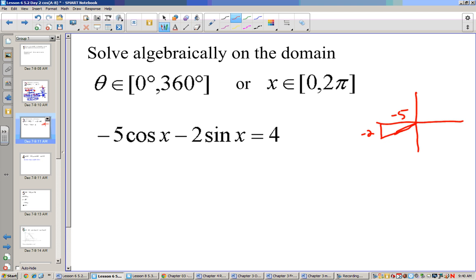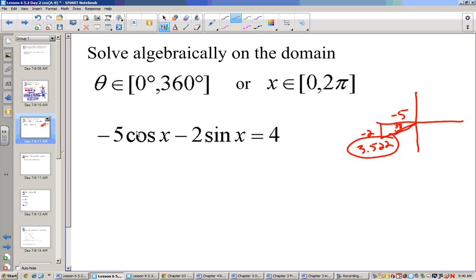I take the inverse tangent of 2 over 5, and this is 0.38. And if I add pi to that, this whole angle is 3.522 in radians.